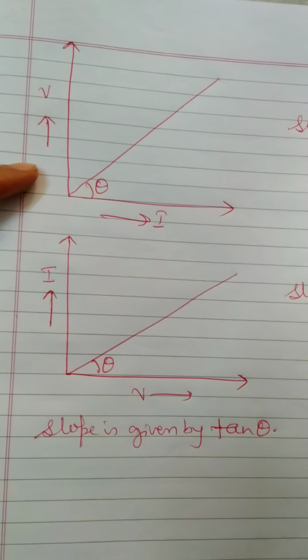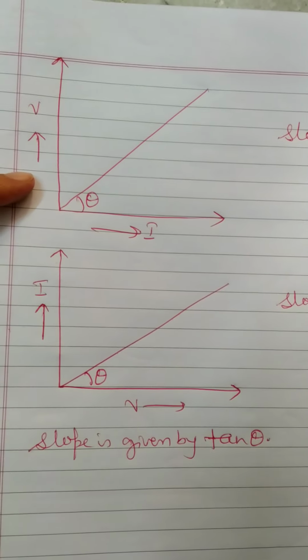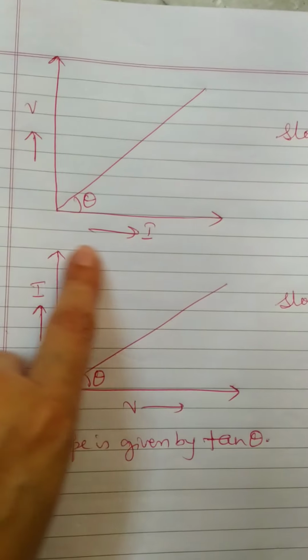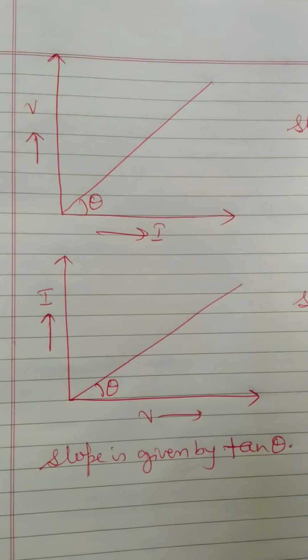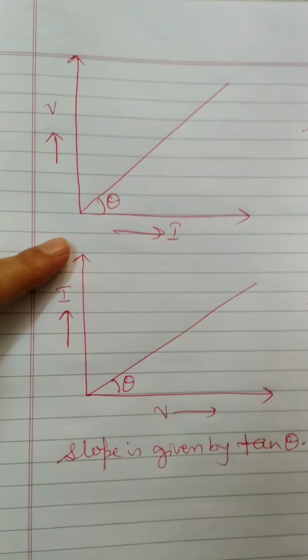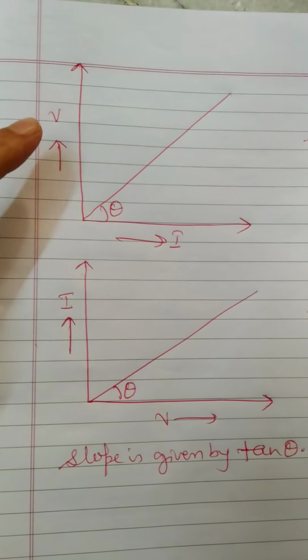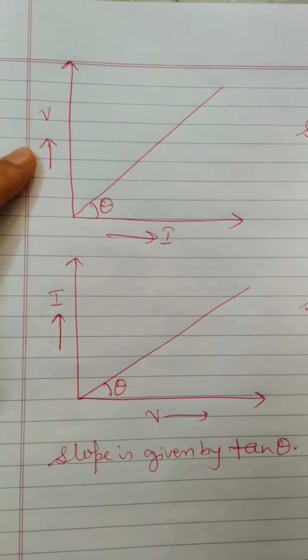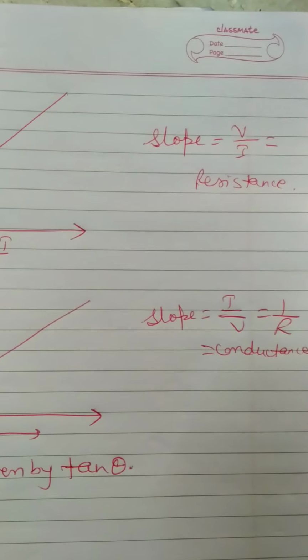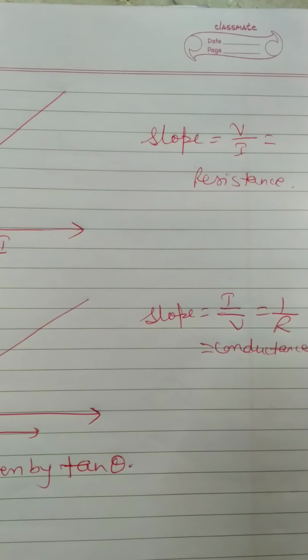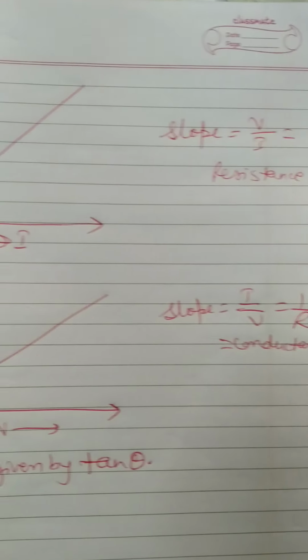There are two ways to represent the graphs. Number one is graph between V and I. Please take care about this. Which quantity is along y-axis, which quantity is along x-axis. If we take potential difference along y-axis, current along x-axis, then slope is equal to V upon I is equal to resistance.